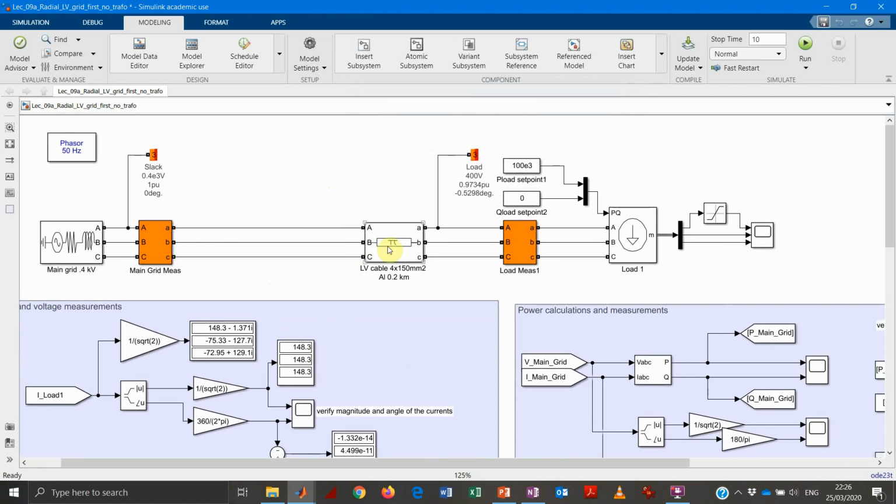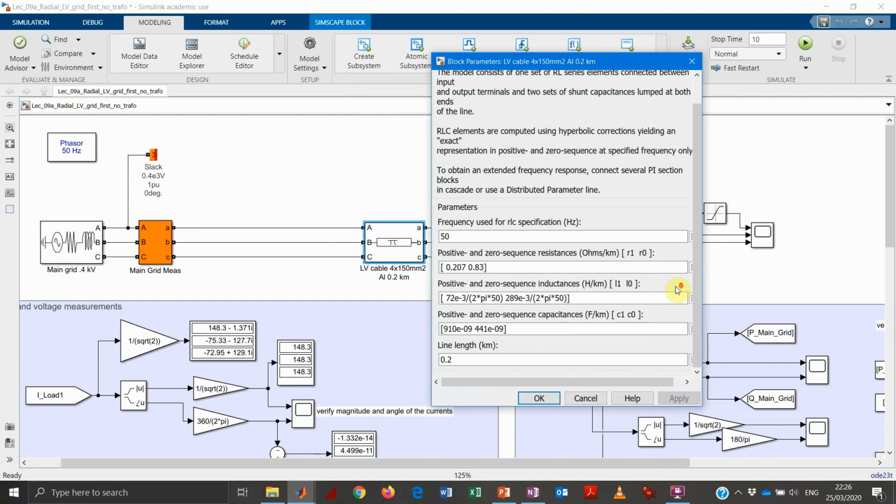What else do we have? We have the cable. The cable is a standard pi representation of the cable with a series resistance, a series inductance, and a shunt capacitance. The values are given for the sequences, so for the positive and the zero sequence.